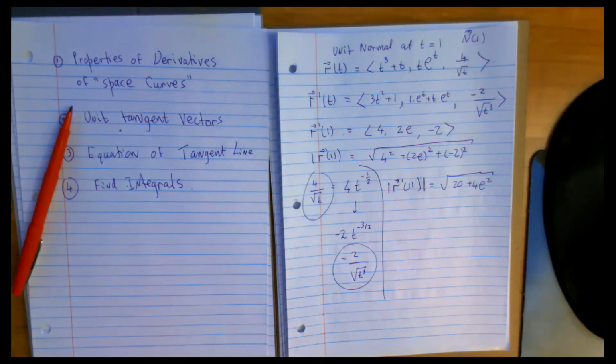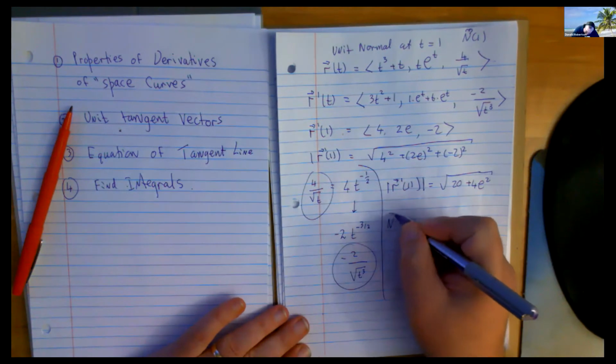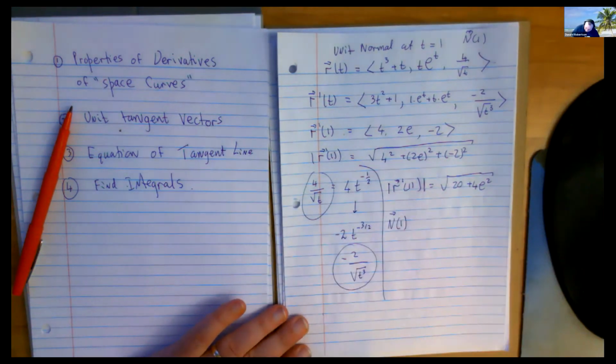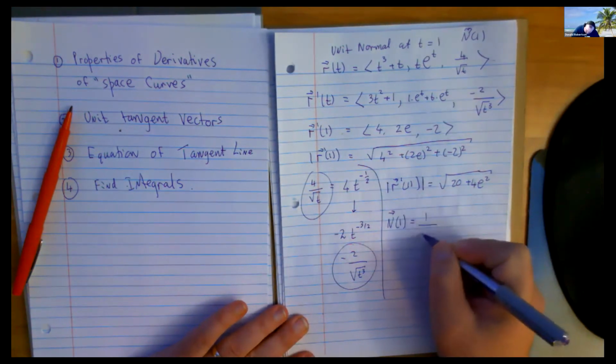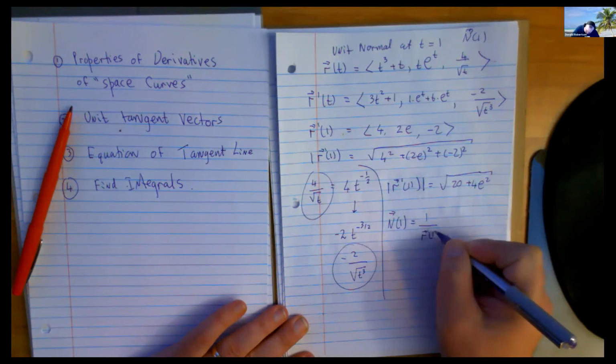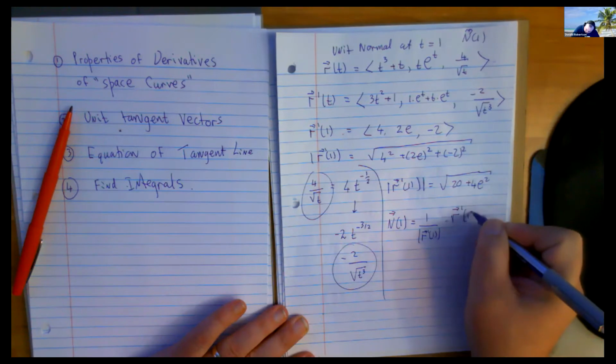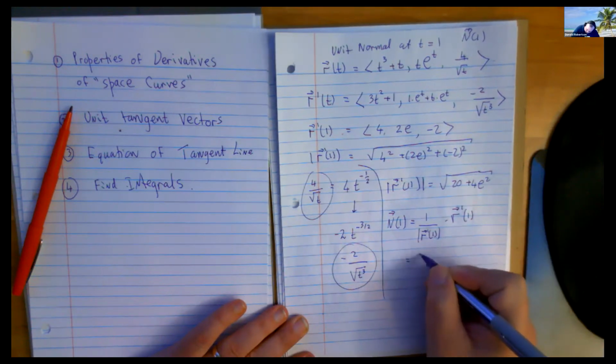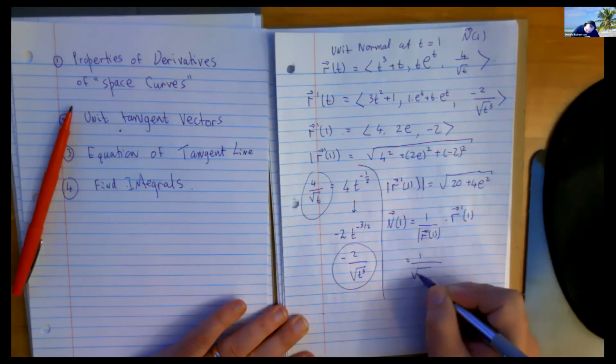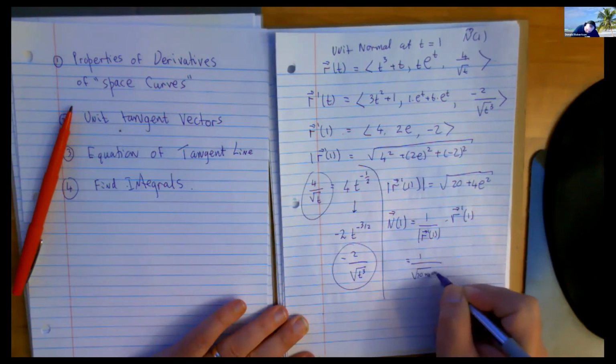Nice ugly answer. Right. So the unit normal at 1 is 1 over the magnitude of the vector times that vector. So it's going to be 1 over the square root of 20 plus 4e squared.